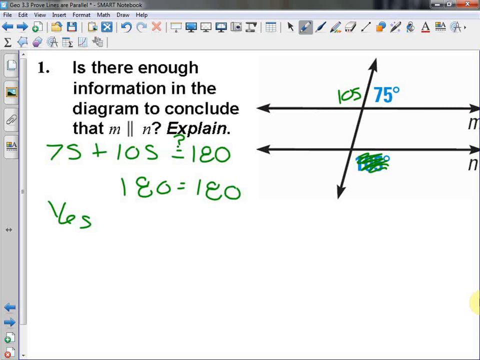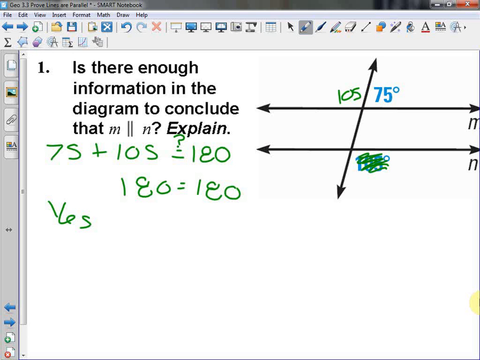Gloria, so you're thinking yes because they still make 180? Okay. Darren, what do you think? You think they're corresponding angles? Corresponding would mean the same.